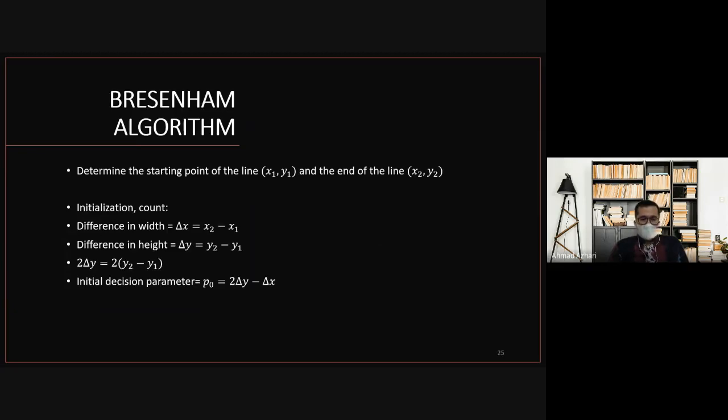The initial decision parameter is set for the first time only. The initial parameter will be 2 multiplied by delta y minus delta x.